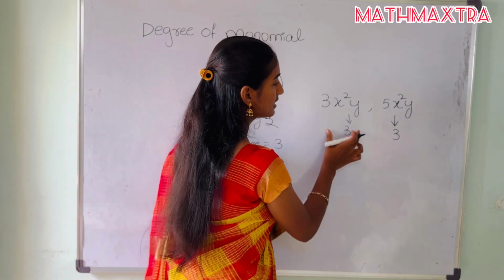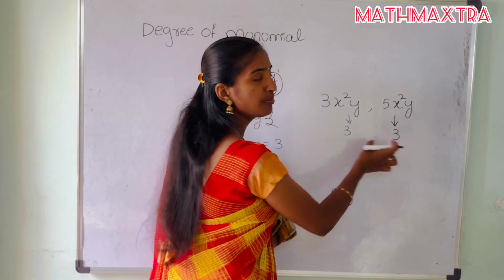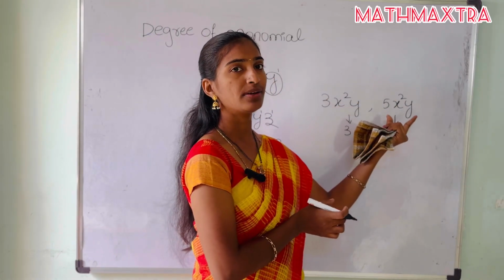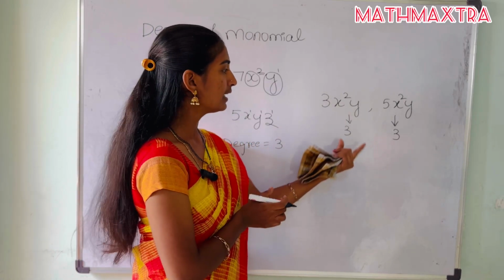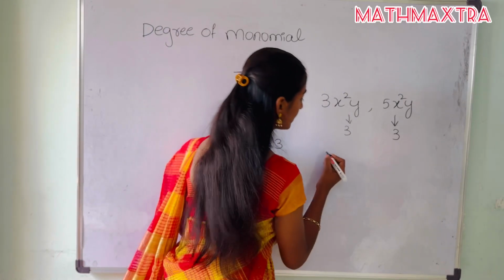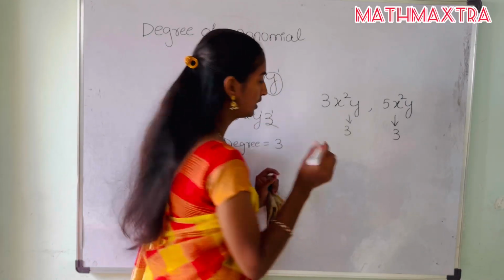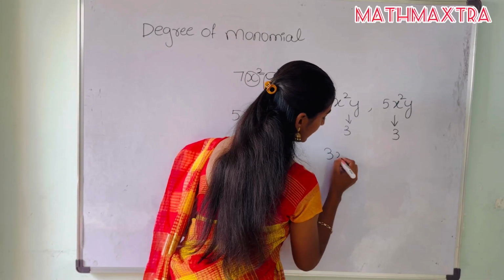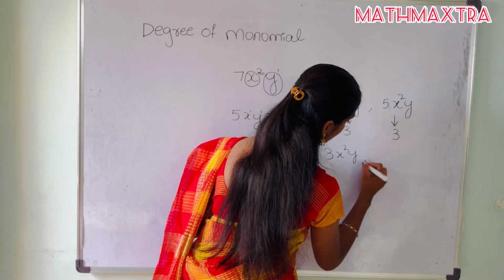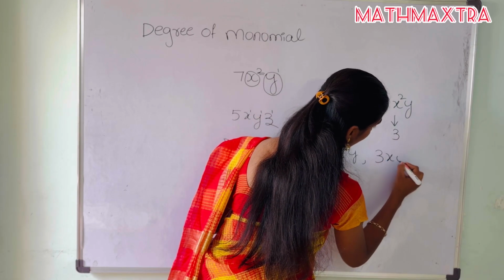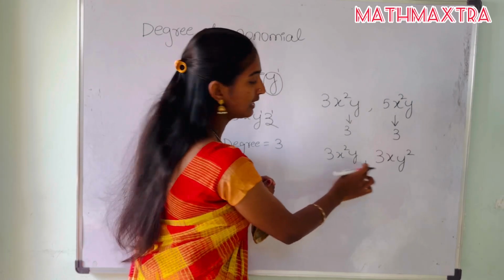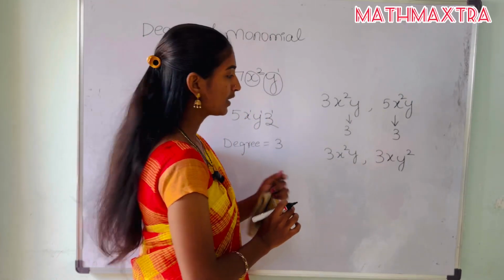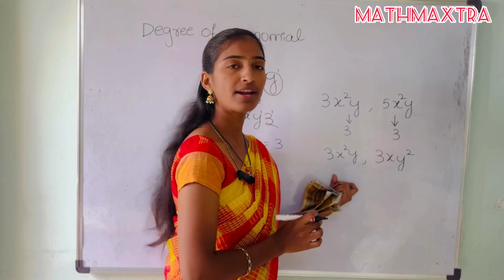See, so this is an example that if you take two like terms, the degrees are always equal. Now if the degrees are the same, I have taken degree 3 terms. One is 3x square y and the other is 3x y square. Now tell me, this has degree 3, this also has degree 3. Now tell me whether these two are like terms.